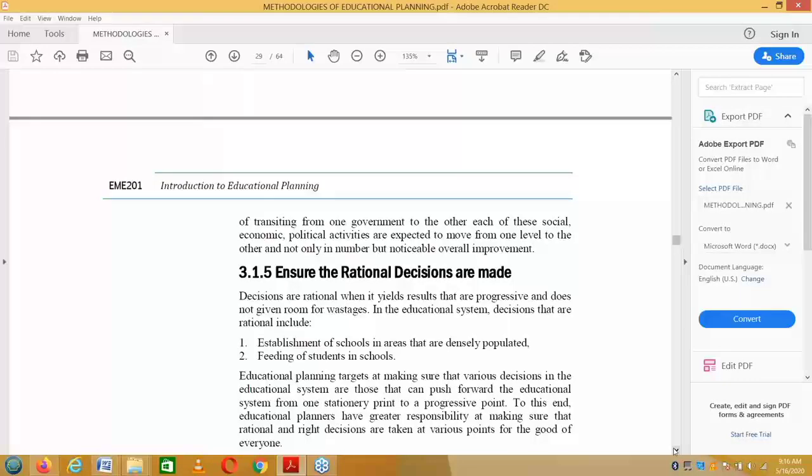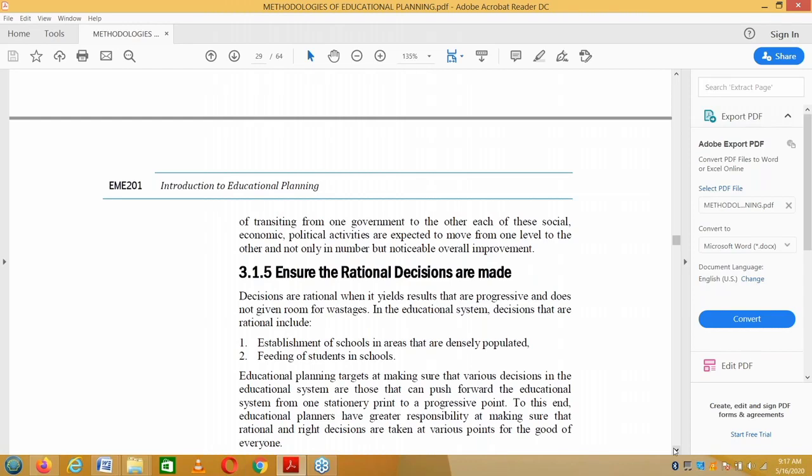Now, educational planning also targets making sure that various decisions in the educational system are those that can push the educational system forward from a stationary point to a progressive one. Having schools in areas that are densely populated will help greatly. It will help the population, the society, and the community surrounding those schools.